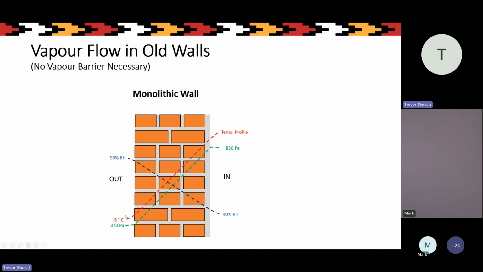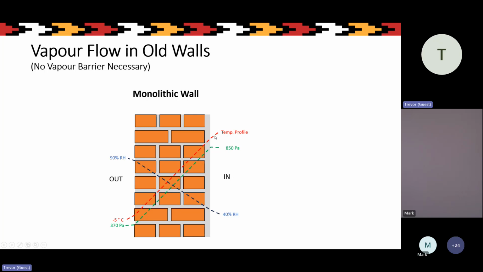Next we'll talk about vapor pressure. From a vapor pressure standpoint, we have to get from wherever we are inside to wherever we are outside, and it's a linear relationship. Vapor pressure follows temperature perfectly in this wall, and therefore RH never jumps above whatever it is outside. It's just a straight line relationship.